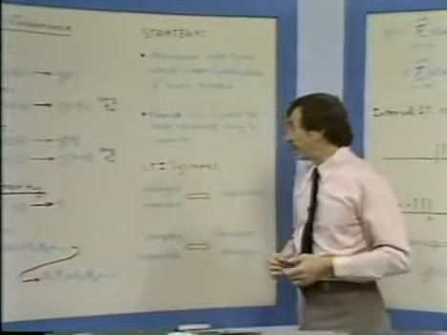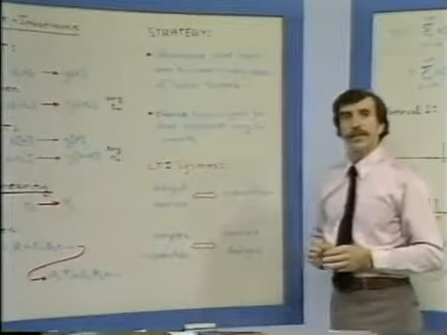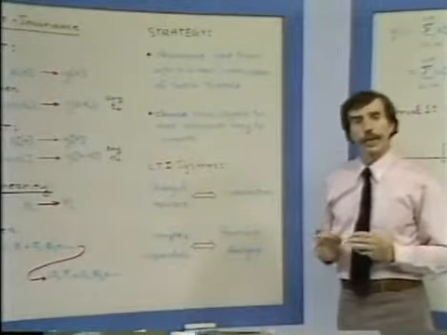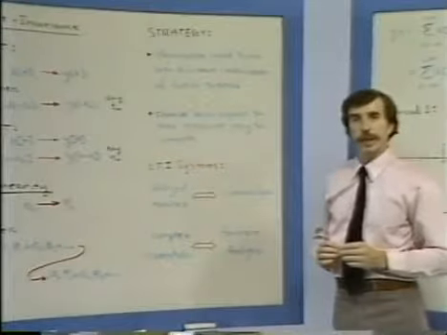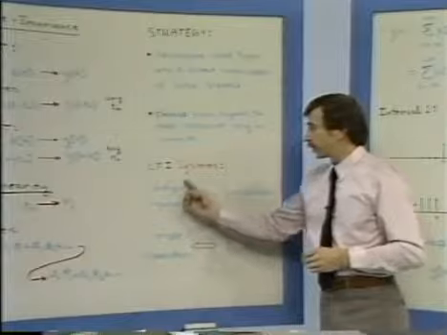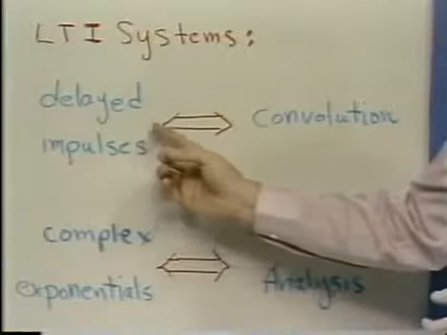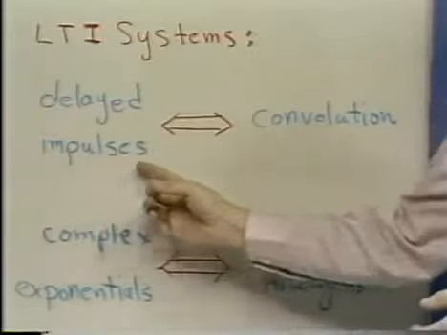Now, as we'll see, when we do this, there are two classes of inputs that are particularly suited to that strategy. One class is the set of delayed impulses, namely decomposing a signal into a linear combination of these.